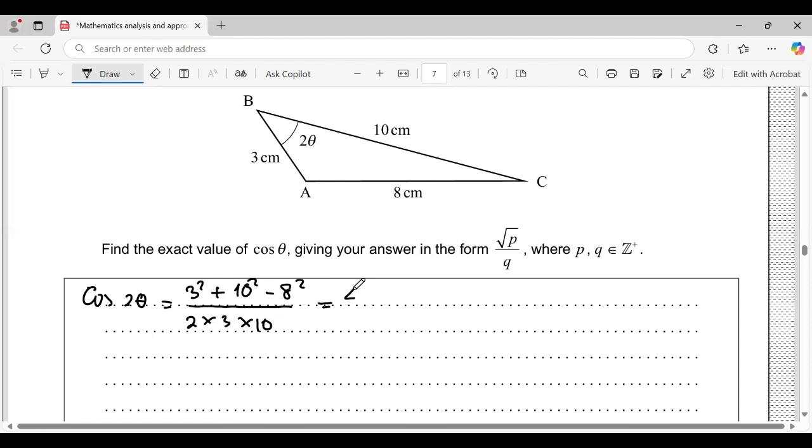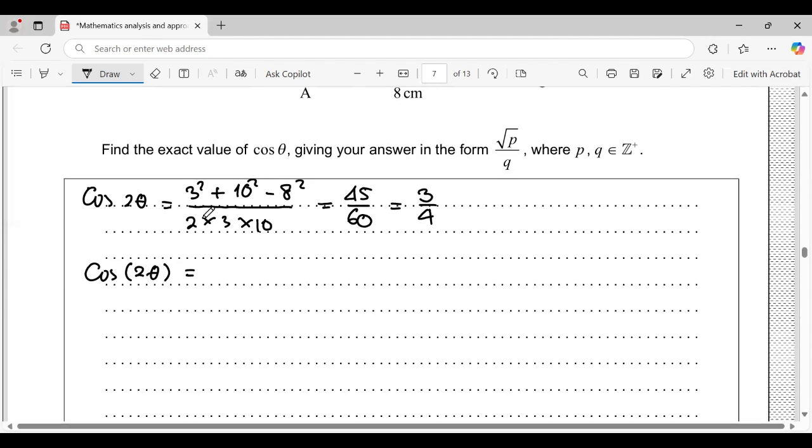It's equal to 45 over 60, 3/4. Next, cosine 2 theta, based on the trigonometric identity, cosine 2 theta equals 2 cosine squared theta minus 1, or 2 cosine squared theta equals cosine 2 theta plus 1.